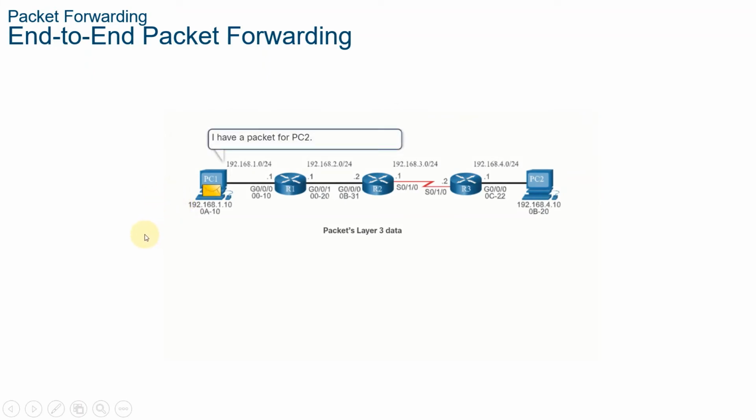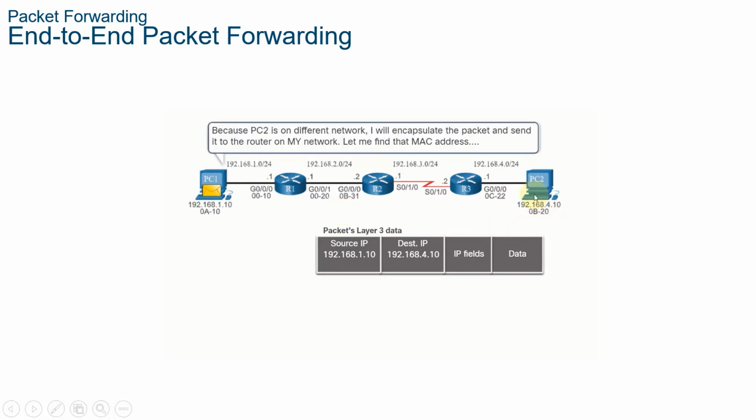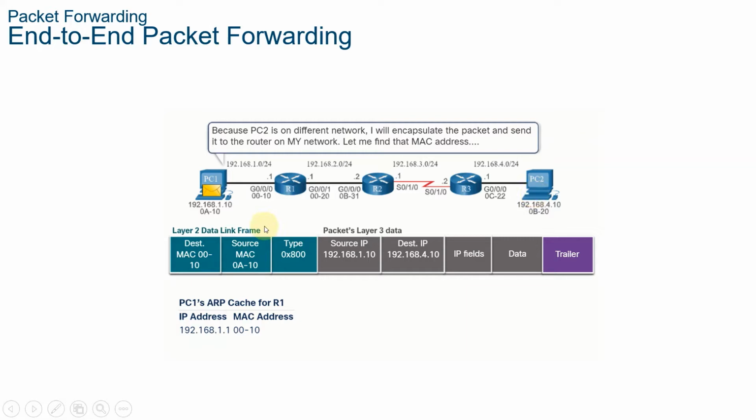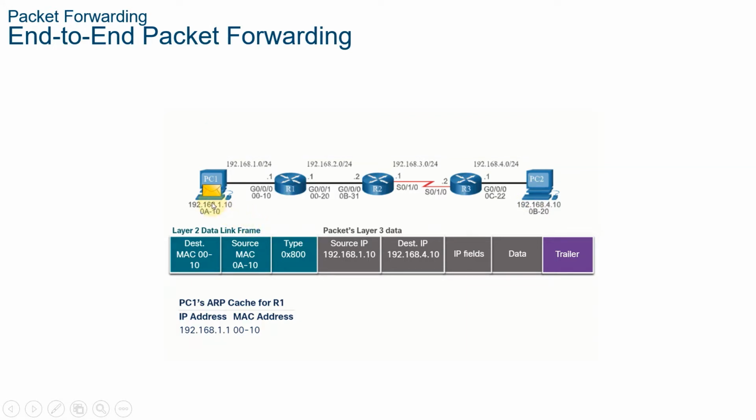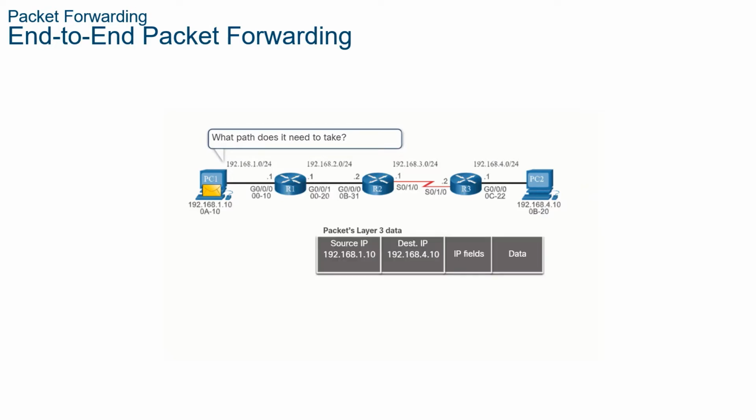Alright, so I have here an example of end-to-end packet forwarding. Initially, PC1 sends a packet to PC2. This is our source here, and our destination is PC2. Note that if an ARP entry does not exist in the ARP table for the default gateway 192.168.1.1, PC1 sends an ARP request.